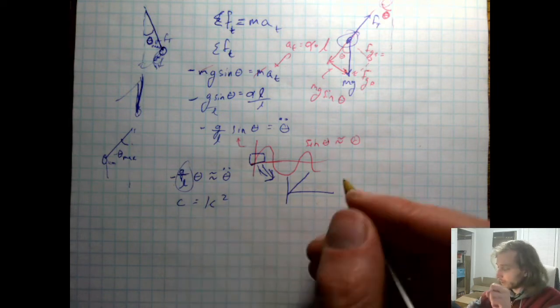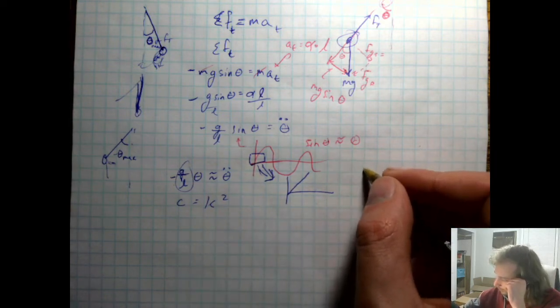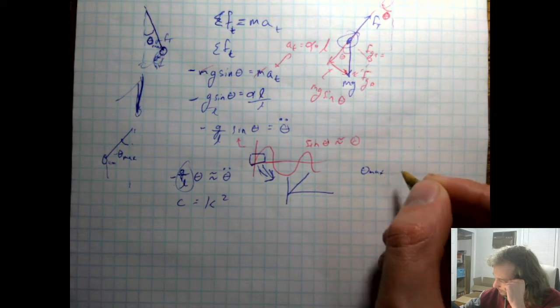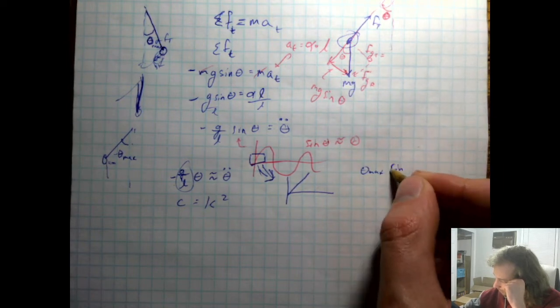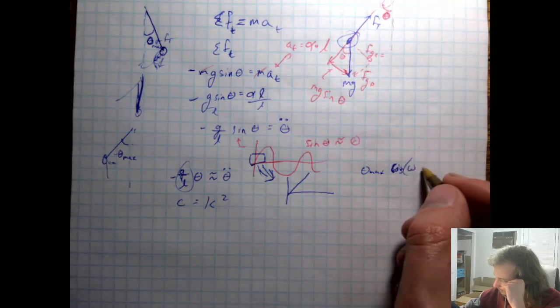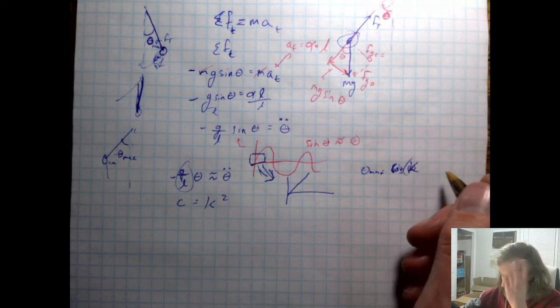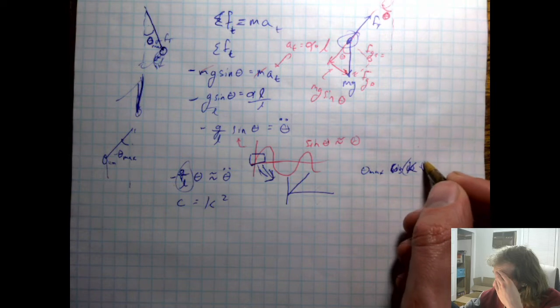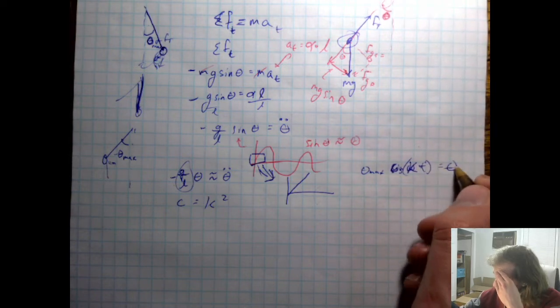And this is coming from our theta max times our cosine of k times our time will need to equal our theta.